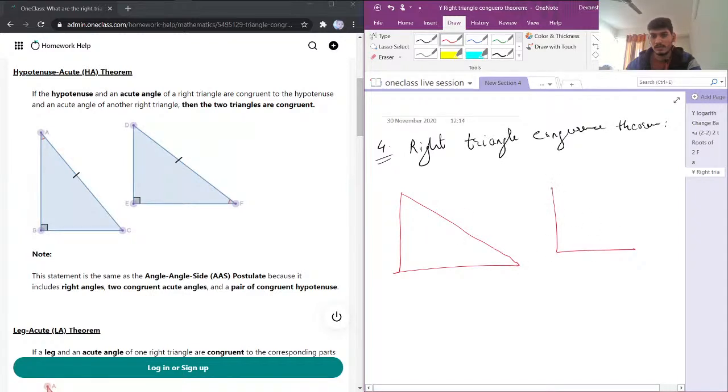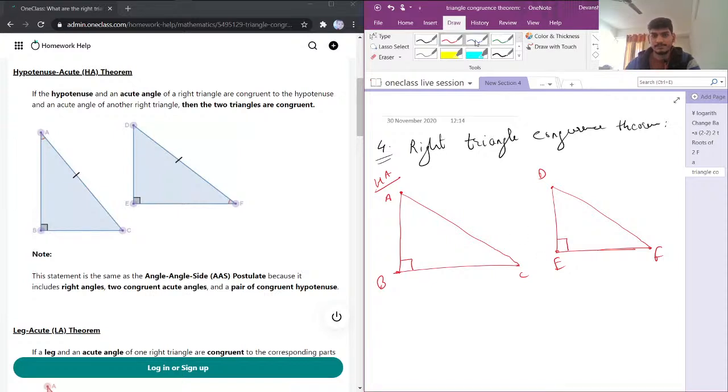This is another triangle. So first we'll go with the hypotenuse acute theorem, HA. Let's say this is A, B, C, D, E and F. This angle is 90 degree as stated.